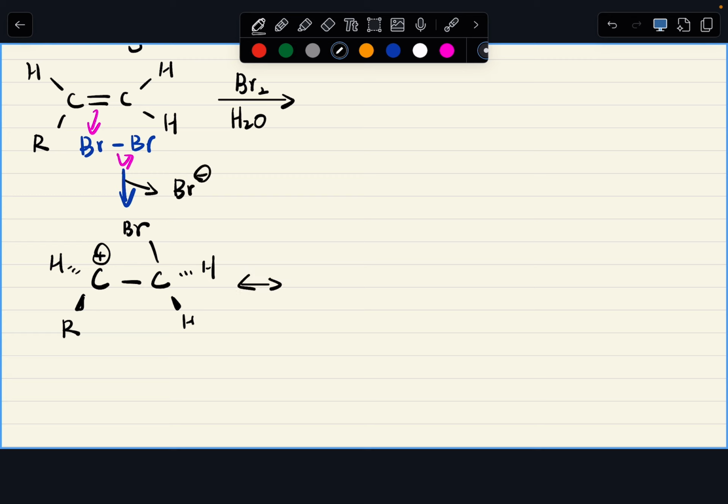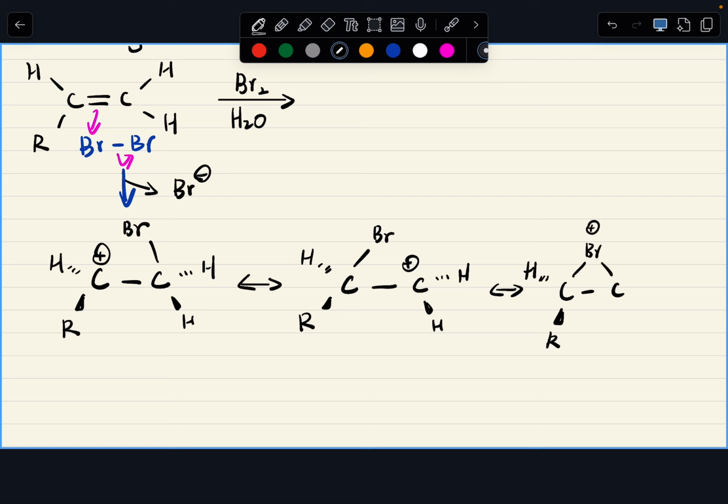And we have 3 different resonance structures, and also the one with the positive charge on the bromine. Right. And now, among these 3 resonance structures, what is my most major one? What is my most minor one?